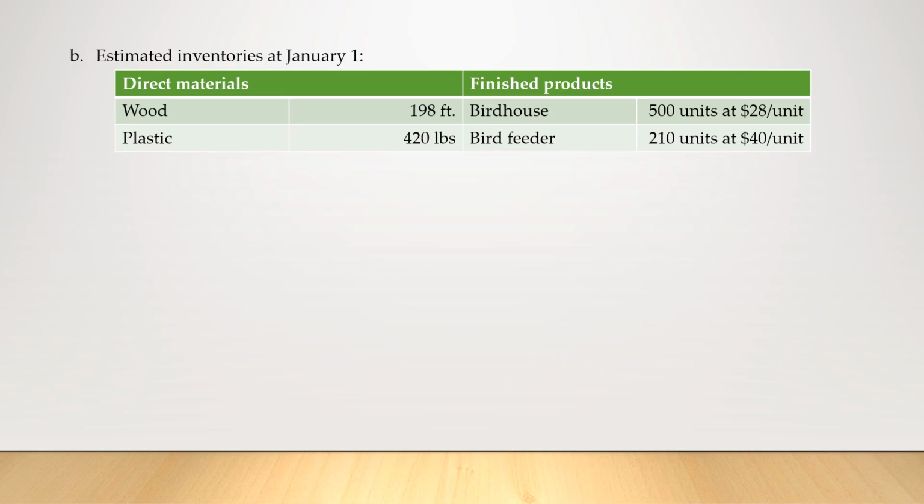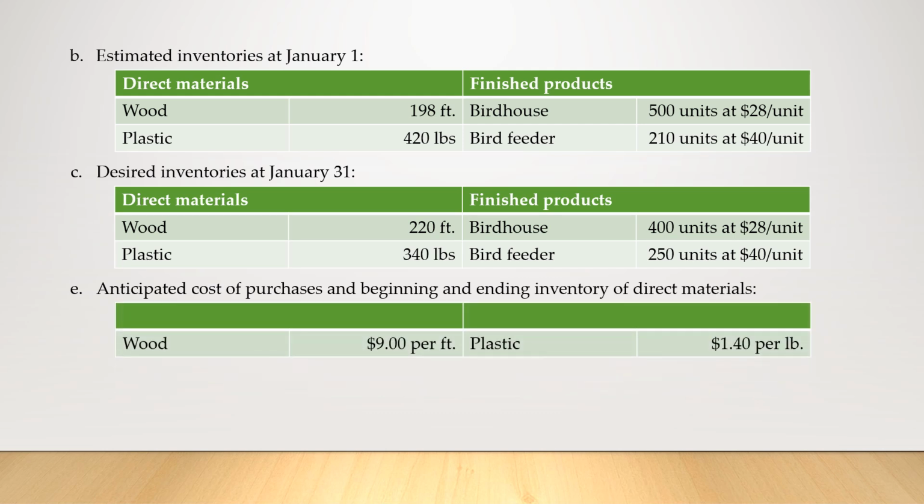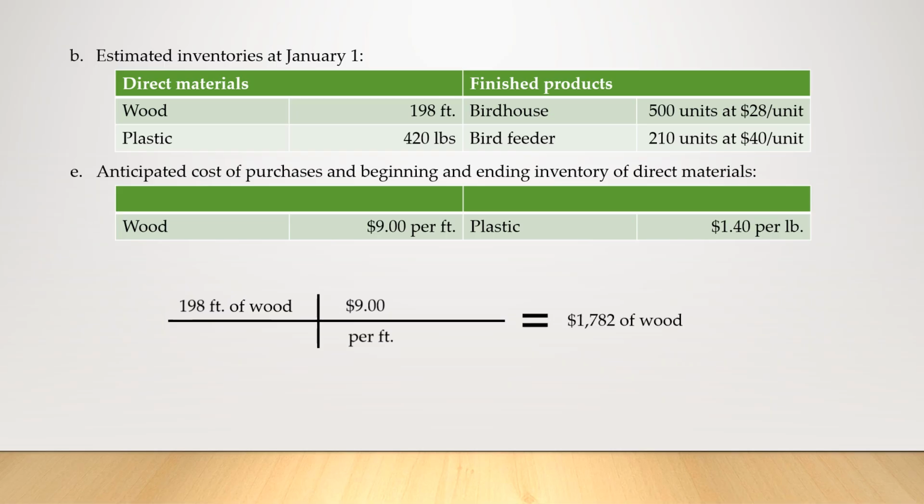You'll find the schedule for desired inventories as of January 31st in letter C, and the dollar value associated with direct materials in letter E. Starting with beginning direct materials inventory for wood, we have 198 board feet present. Multiply that quantity by $9 per board feet, and we have $1,782 of wood in beginning inventory.